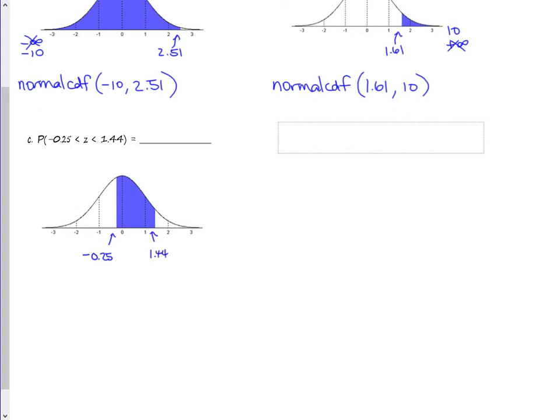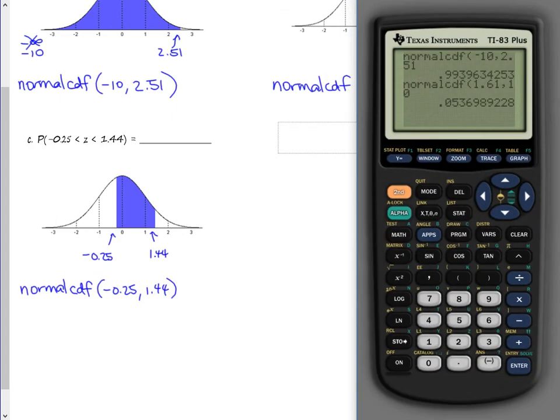To get the area between, we just use the lower and upper values in the normal CDF function as what's provided. So normal CDF, negative 0.25, comma 1.44, and put that into the calculator and we'll get our answer. So second distribution, normal CDF, negative 0.25, comma 1.44.